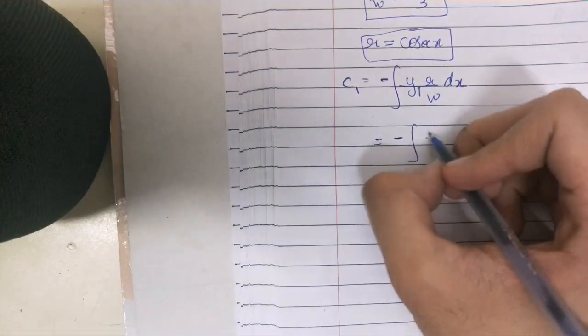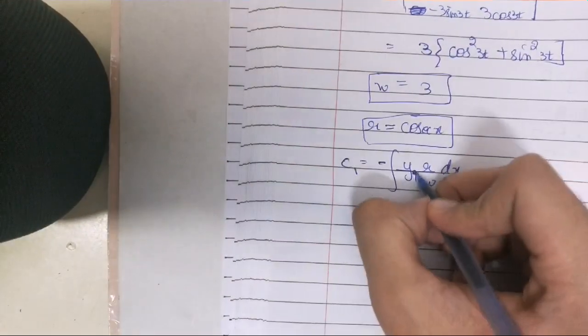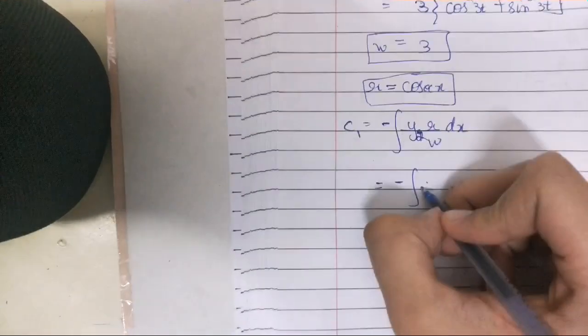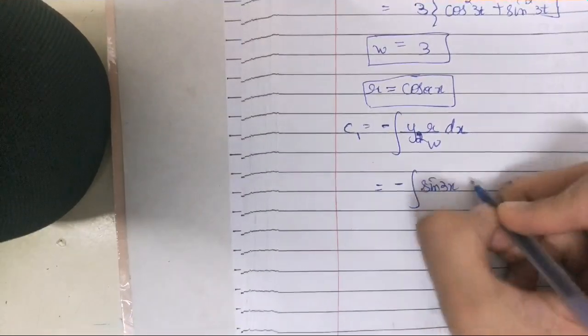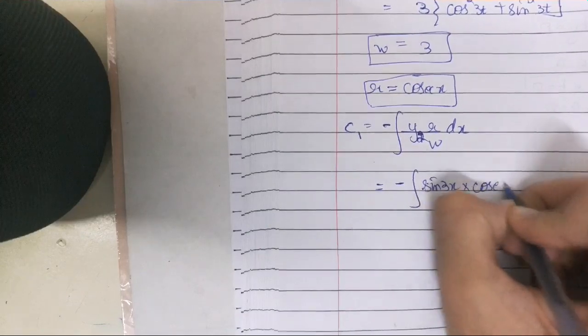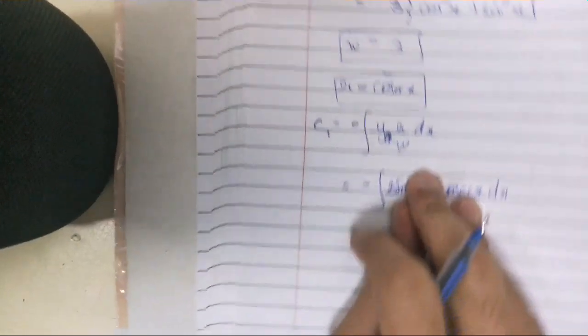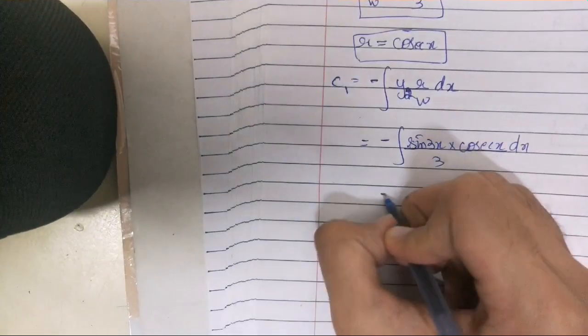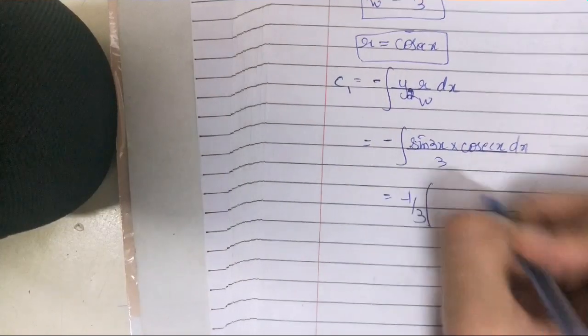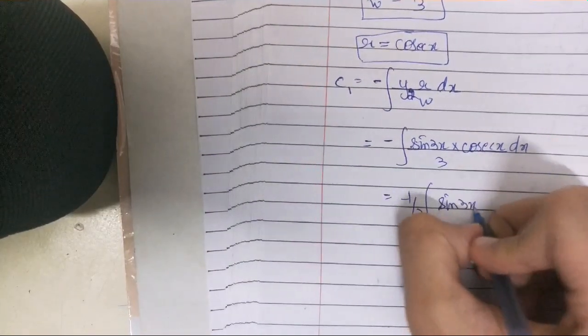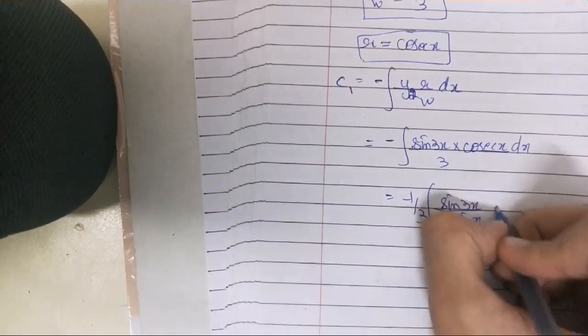Y2 is sine 3x, R is cosec of x, and W is 3. This gives us minus 1 by 3 integral sine 3x by sine x dx.